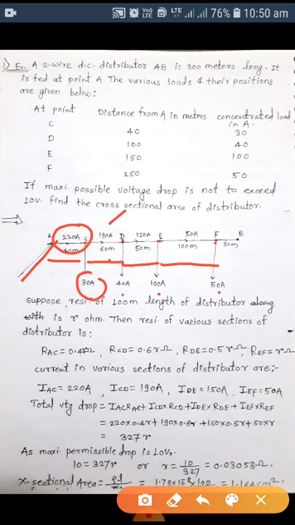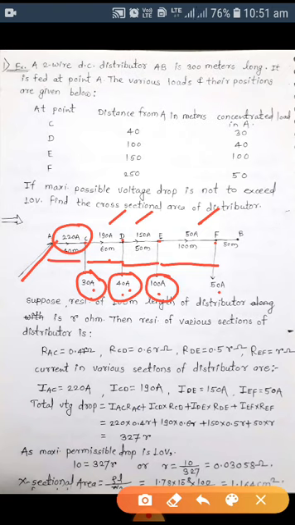To find the current in section DE, we subtract this 30 and 40 ampere from 220, therefore we will get 150 ampere current in section DE. And to find the current in section EF, we subtract 30 ampere, 40 ampere and 100 ampere from 220, we will get 50 ampere current in section EF.